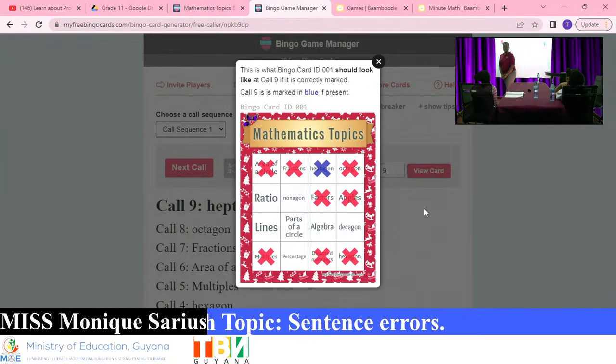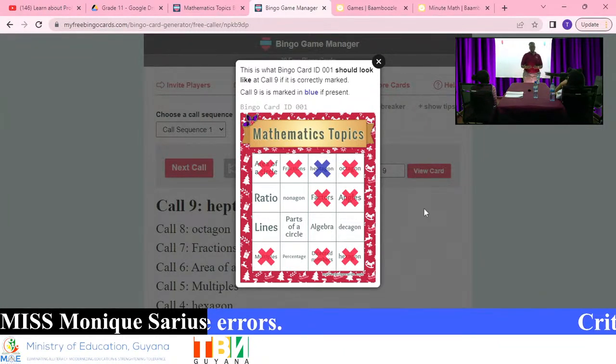Algebra. You're seeing algebra on your card? Yes, there is algebra. The others that you probably would not have been familiar with were just distractors on the card. So we had algebra. What about algebra?